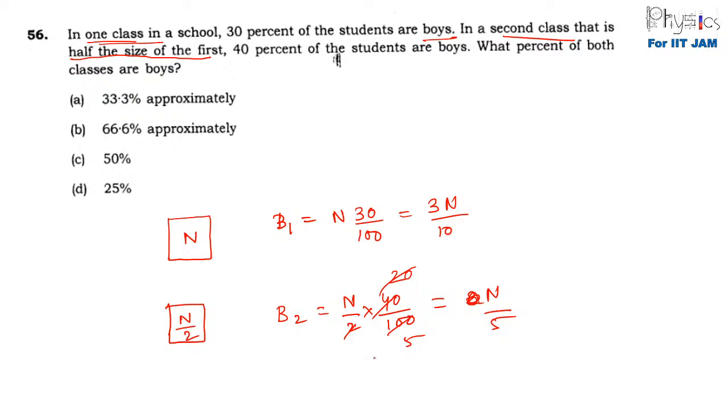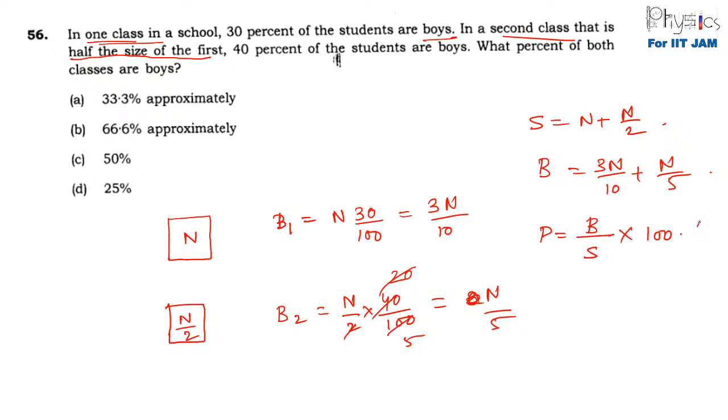So the total number of students S is n plus n by 2, right? And the total number of boys is 3n by 10 plus n by 5, right? So the percentage of boys, suppose P is total number of boys by total number of students times 100, right?